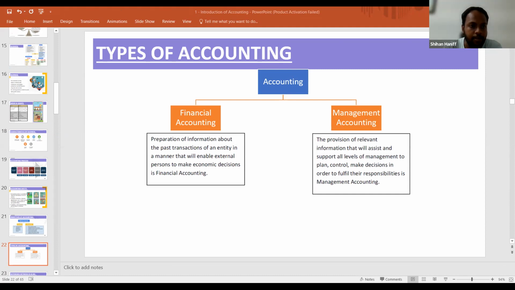It's financial accounting. And chapters 14 to 16 are from management accounting. That means chapter 14, chapter 15, chapter 16: marginal costing, investment appraisal, and the overhead absorption costing. That part.